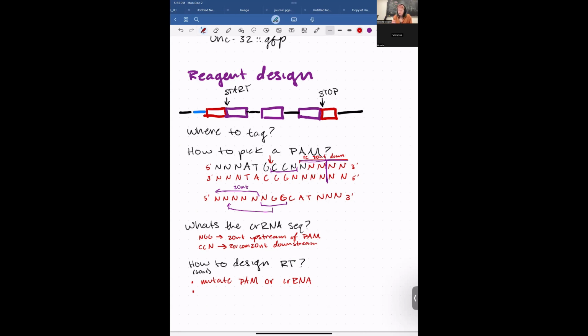So we design those changes. We also design where we want the insert, and then we do 60 nucleotides of homology from the most recent change, from the most 5' and 3' edit.